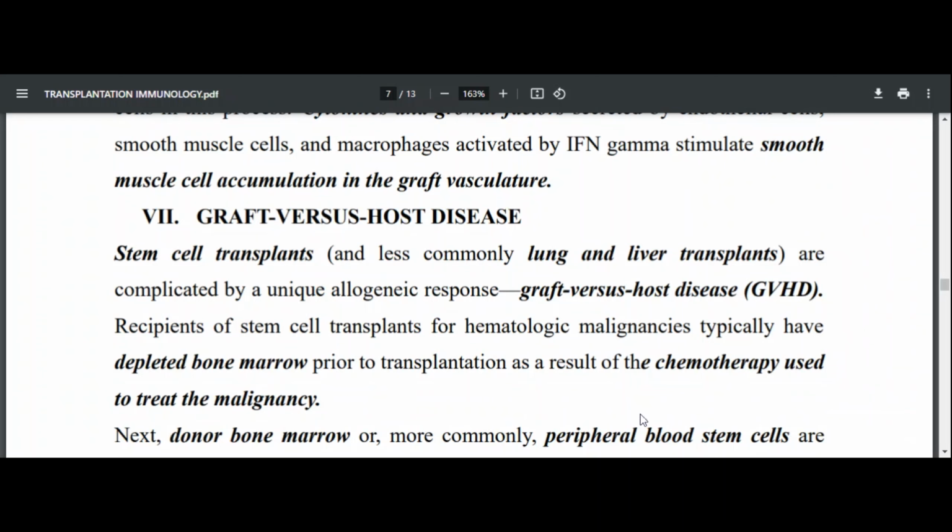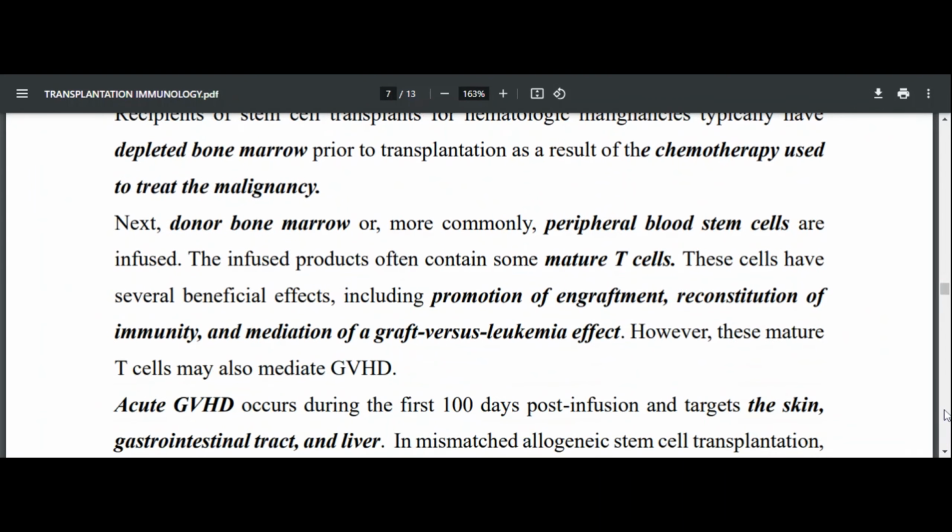Recipients of stem cell transplant for hematologic malignancy may have depleted bone marrow prior to transplantation as a result of chemotherapy used to treat the malignancies. So before transplantation, they may already be suffering from depleted bone marrow cells. Next, the donor bone marrow, or more commonly peripheral blood stem cells, are infused.